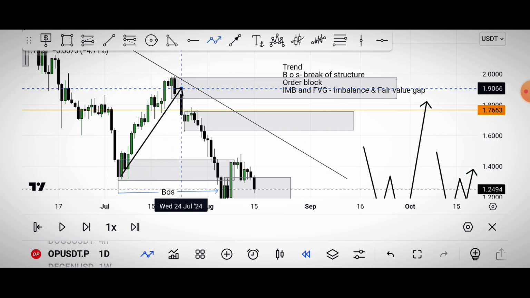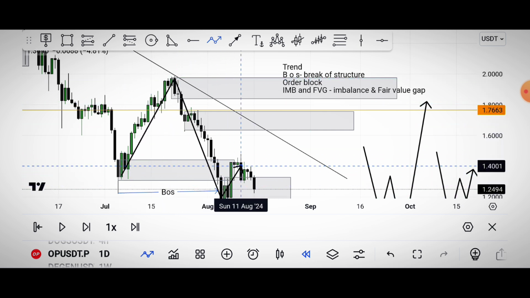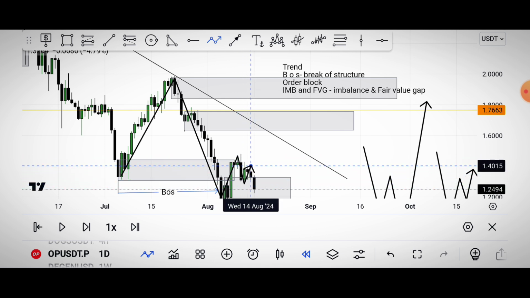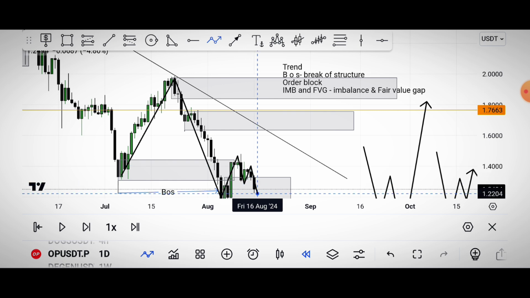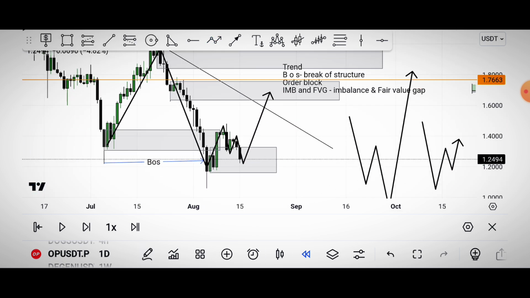From here it broke structure, then reversed to this point. You can see that it's created another mini double structure here, and this should kickstart our entry.